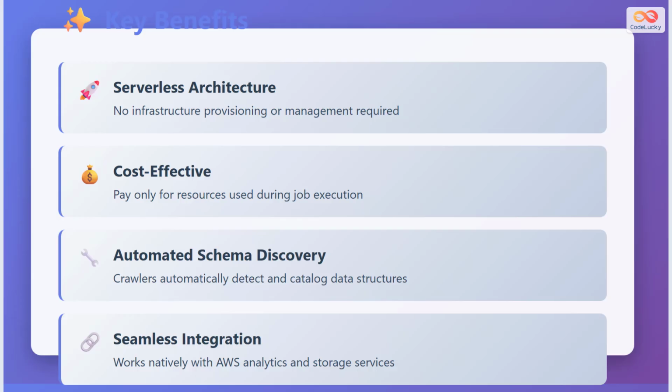Third, automated schema discovery through crawlers eliminates manual cataloging work and keeps your metadata current. Finally, seamless integration with AWS analytics and storage services creates a unified data platform, allowing different tools to work together effortlessly. These benefits make AWS Glue an excellent choice for organizations looking to modernize their data integration pipelines.